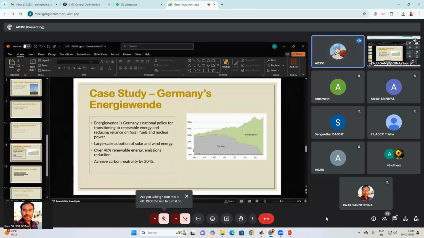Because of this, over 40% of Germany's energy demand is met by renewable energy, and the emissions have also decreased. And the main agenda of this national policy of Germany is to achieve carbon neutrality by 2045.